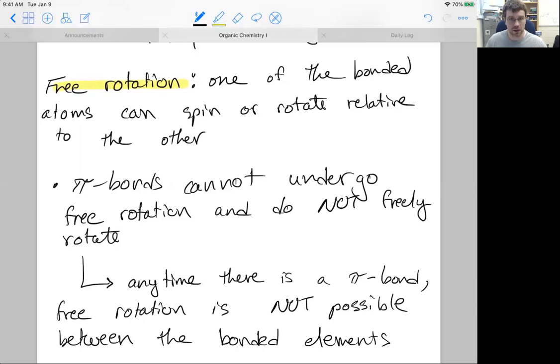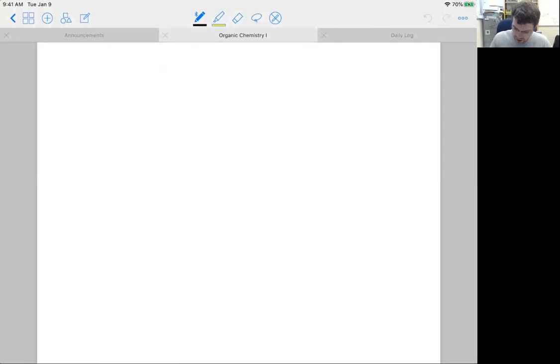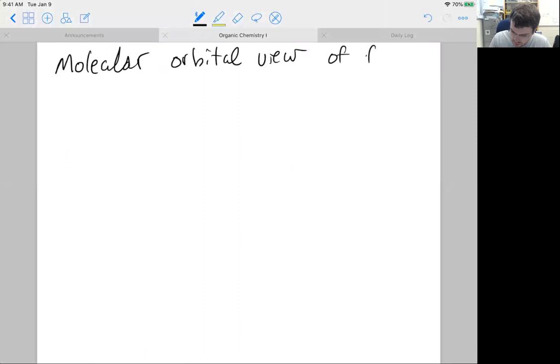Maybe there's a way to look at this from a molecular orbital view. So let's do a molecular orbital view of free rotation. And we're going to first look at sigma bonds.